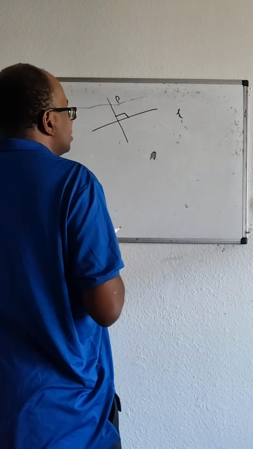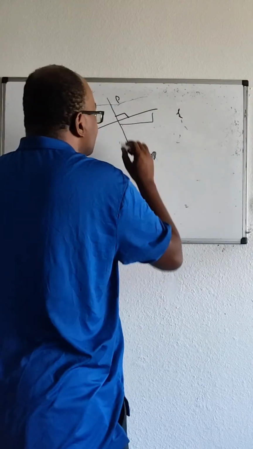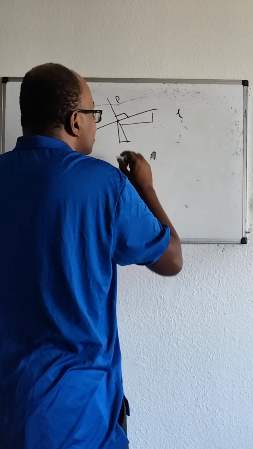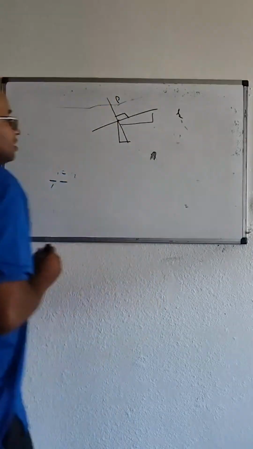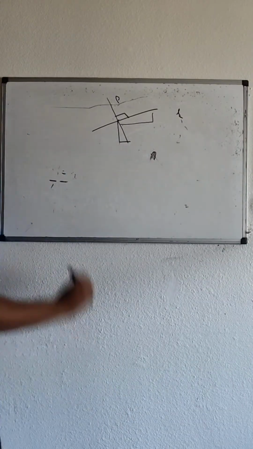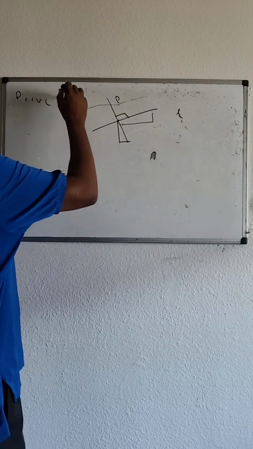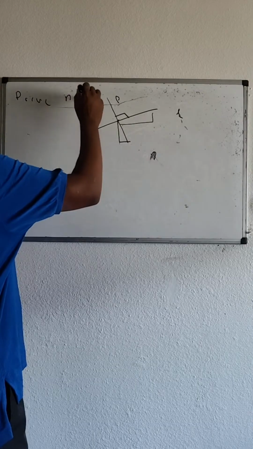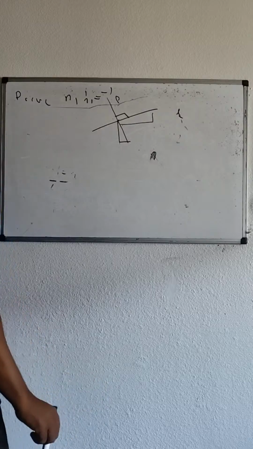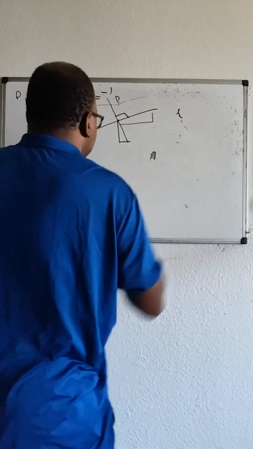So from here, we're going to do the slopes. If you look at it, one is the inverse of the other. So now I'm just going to prove that proposition. So I'm going to prove M1 times M2 equals negative 1. I'm just going to prove that. So if this is increasing, and then this is decreasing.